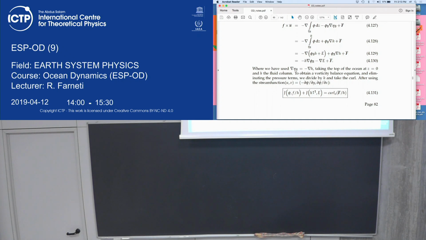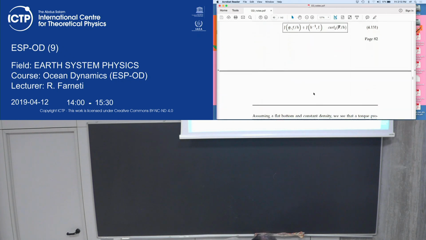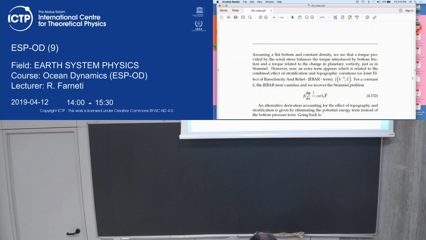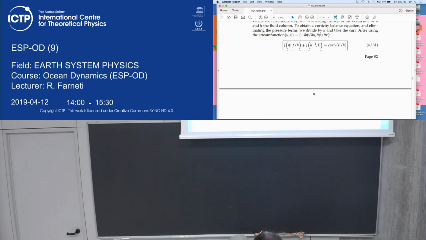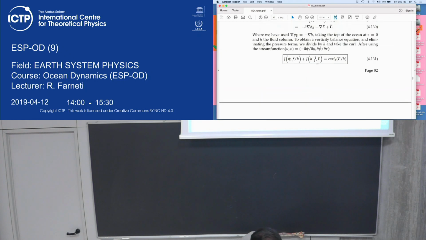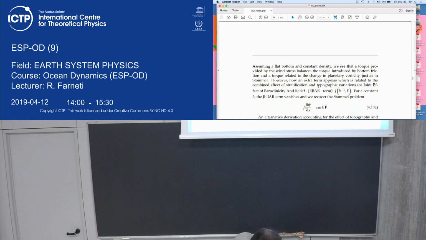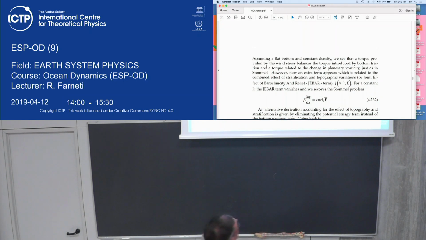Or if the bottom is flat, H is a constant, and so you recover the Stommel problem. And so this extra term, due to the fact that you have a stratified ocean and topography, is what is called the JEBAR term. Okay? So the joint effect of baroclinicity and relief. And because of that term, you have an extra term in the vorticity balance.